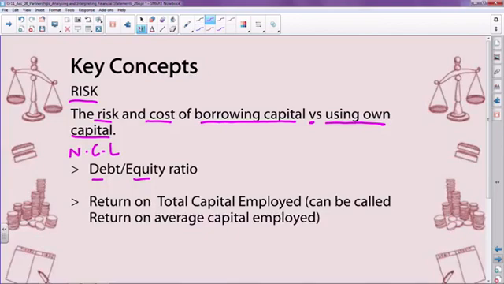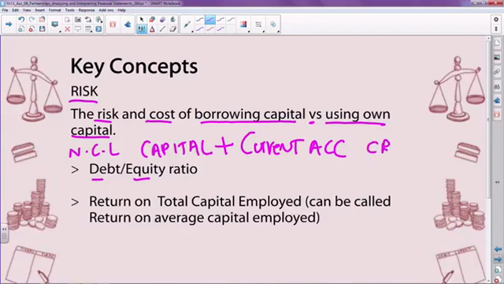Equity, here we're referring to capital contributed by both partners plus their current account balances. Just be very careful, because if the current account balance has a credit balance, you're going to add. If, however, it has a debit balance, you will subtract.